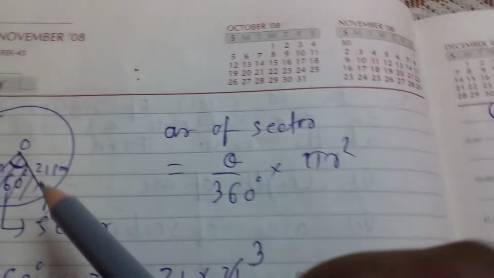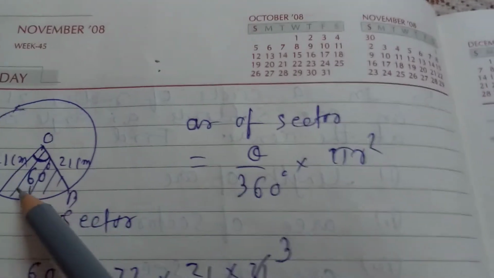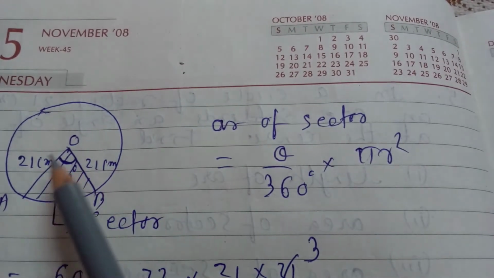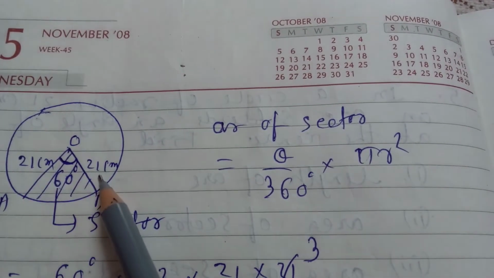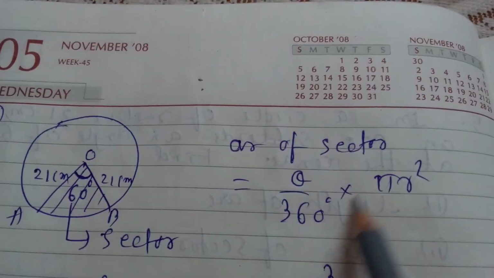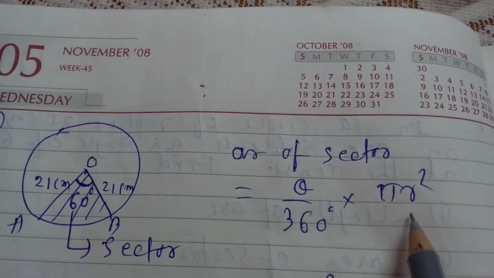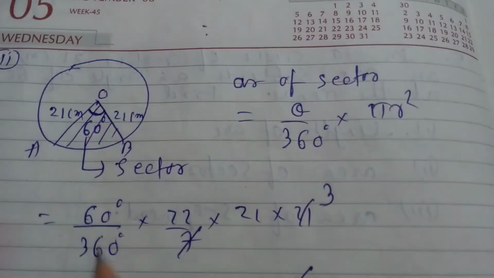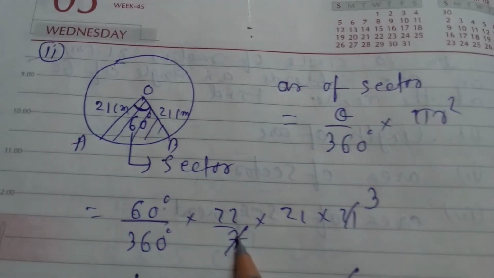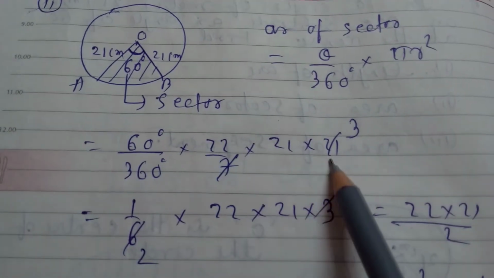Now look, this is the portion which is the area of a sector. Sector means minor sector. So here you know radii are 21 centimeter, theta is 60 degree. So area of sector equal to theta by 360 into pi r square. Now put the given values. 60 by 360 into 22 by 7 into 21 into 21.